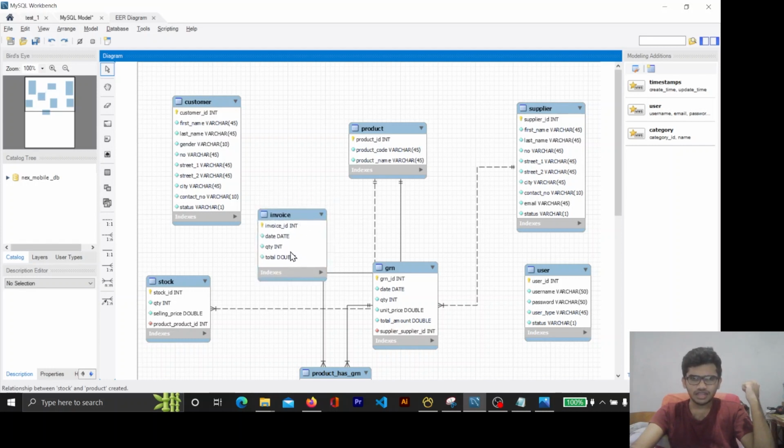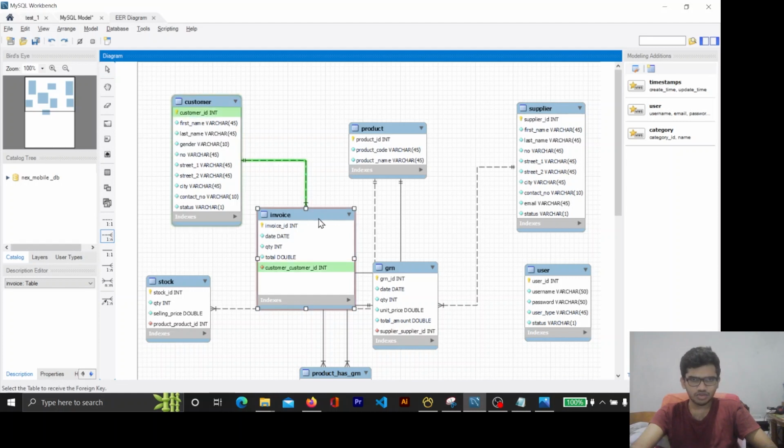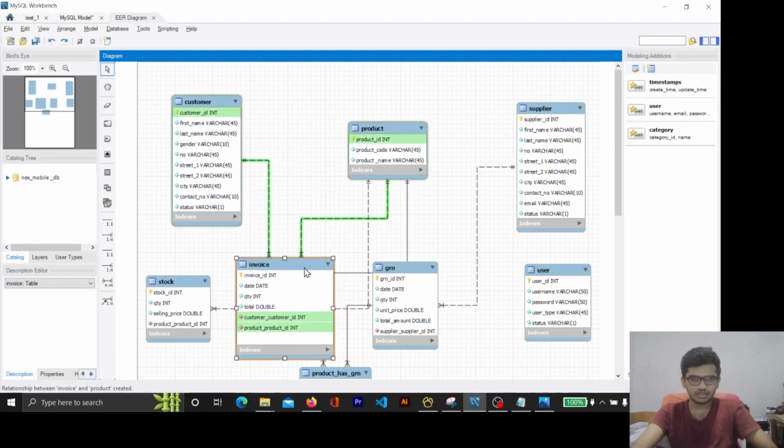Okay, I will connect these two together. You have to first select the non-multiplying side and the multiplying side, and the same goes here, non-multiplying side and the multiplying side. So that's that.